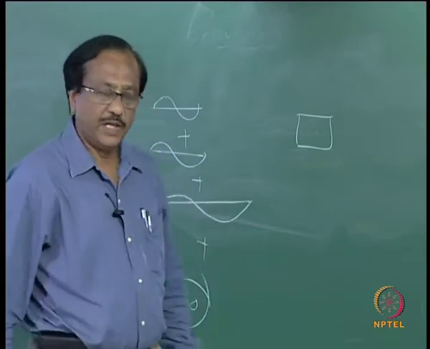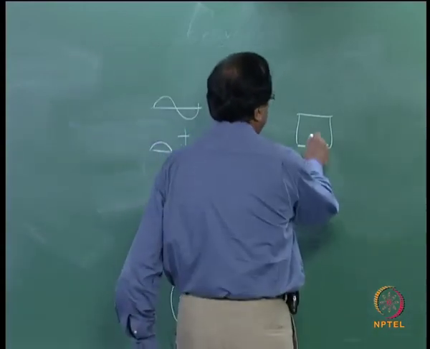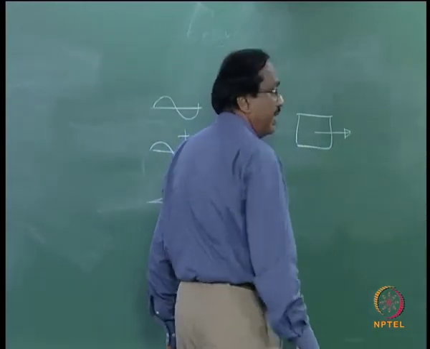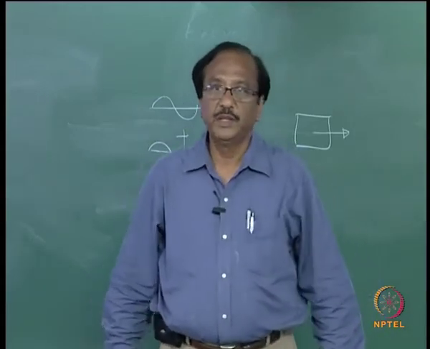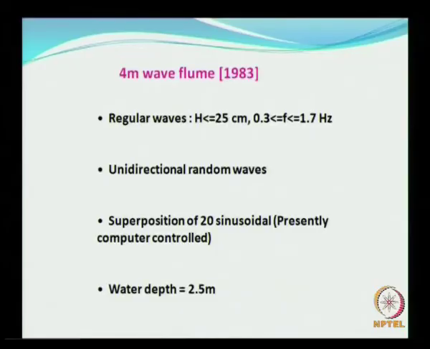That is, I have already told you about how you simulate the random waves. So the same procedure is used here, so that the wave maker can be controlled by the computer.